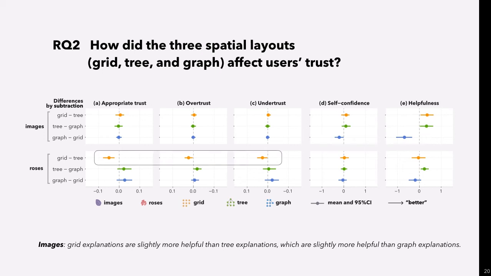For the rows-based explanations, the case is different. We found that tree and graph explanations, especially the tree explanations, seem to lead to more appropriate trust than grid explanations.